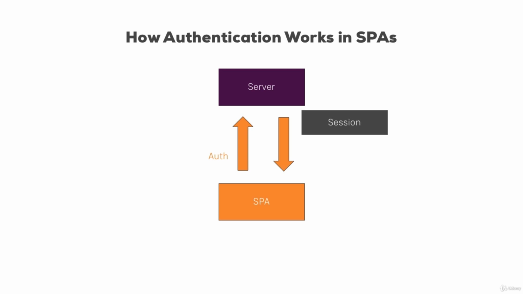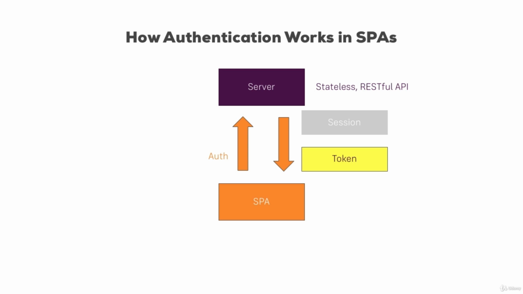Now, in single-page applications, we work with RESTful APIs that are stateless, that don't care about connected clients, and that therefore don't manage sessions. So instead of a session, we receive a token now.